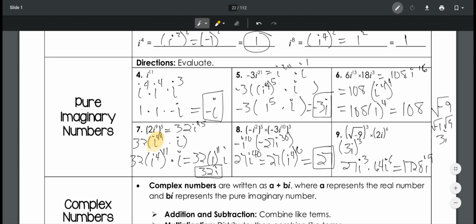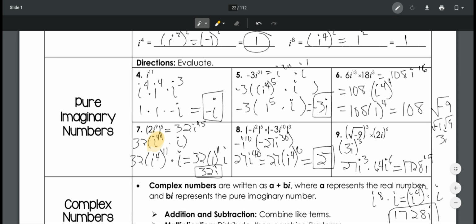When I break up i to the 9th power, that would be i to the 8th times i. That gives me i to the 4th squared times i. And i to the 4th is 1, and 1 squared is 1. So my final answer, sorry, I'm running down into the next little section, is 1,728i.